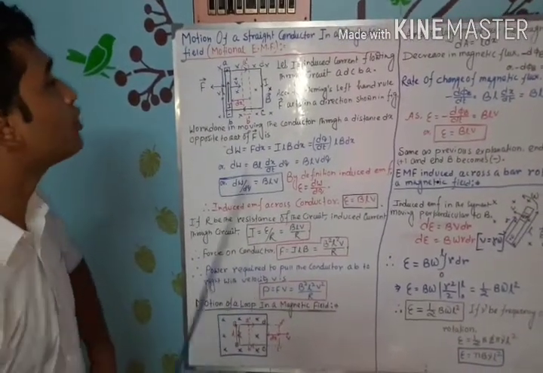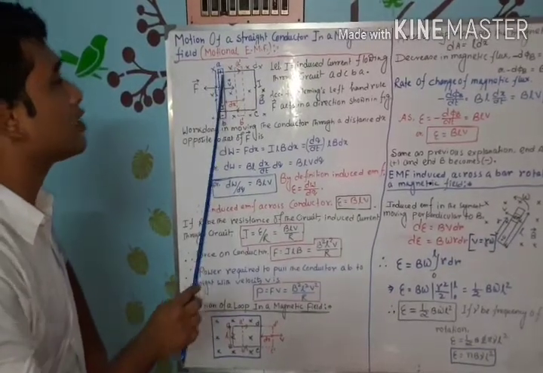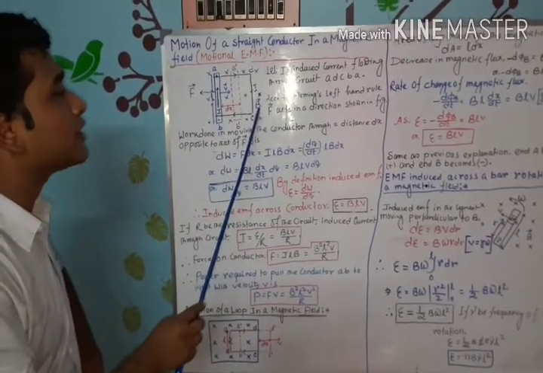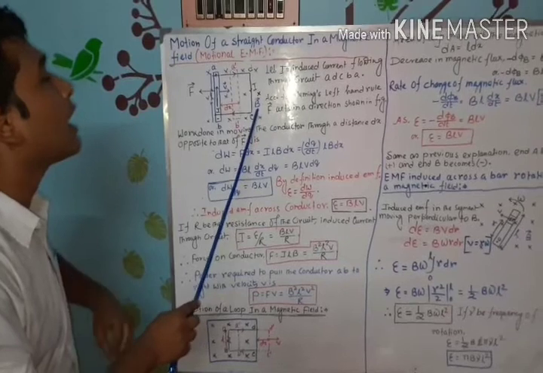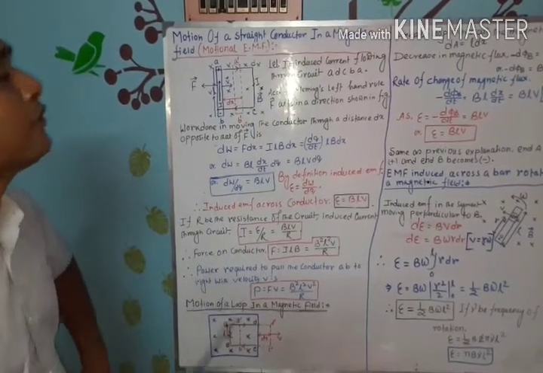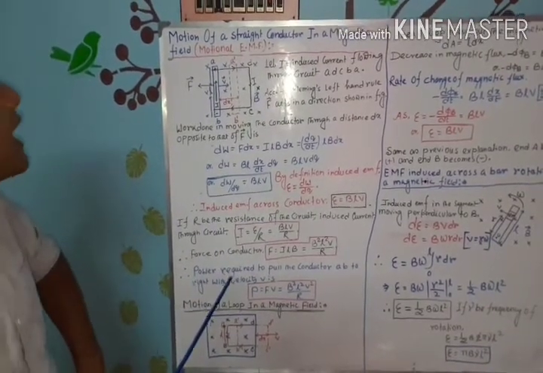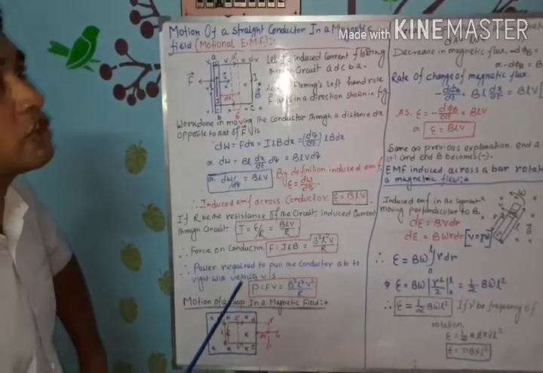So the force acting on the straight current carrying conductor due to the magnetic field B is given by ILB. And according to Fleming's left hand rule, we can identify the direction of this force.